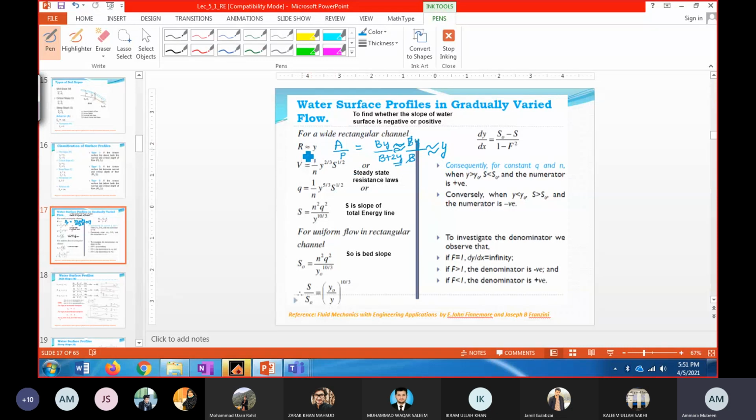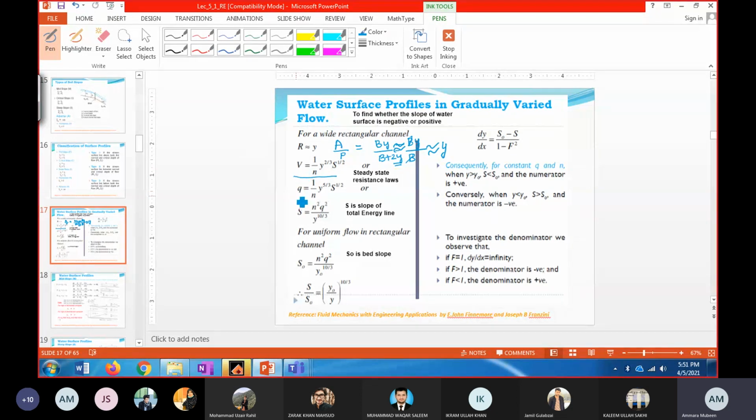So when hydraulic radius is equal to y, you can transform the Manning's equation. This is Manning's equation. Instead of writing R here, you write y here, for wide rectangular channels. This is Manning's equation, which is the steady state resistance law, and you use this equation to find out the uniform flow depth.